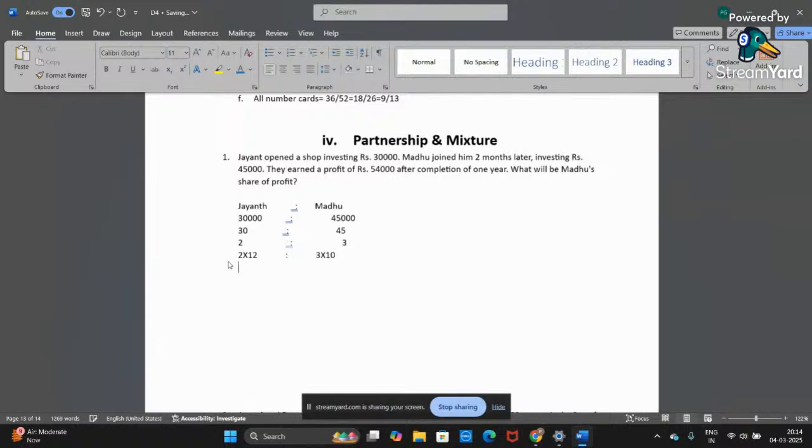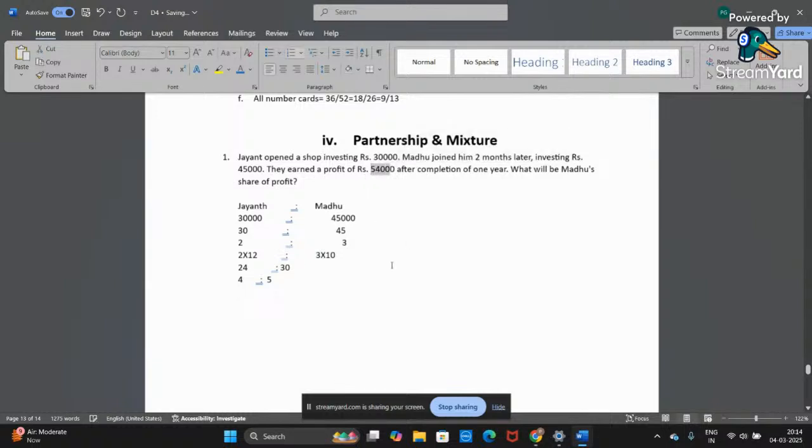So 2 into 12 is 24 is to 3 into 10 is 30. Then you can further simplify this, right? So it will be 6 fours are 24, and here 6 fives are 30. So further we can't simplify. So keep it here.